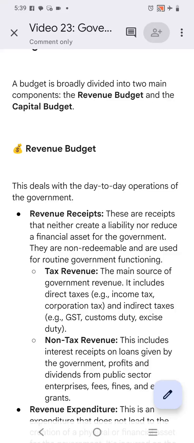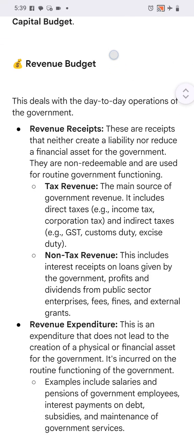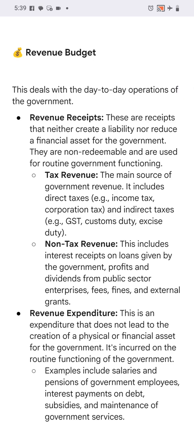Revenue receipts are receipts that neither create liability nor reduce financial assets of the government, are non-redeemable, and are used for routine government functioning. Such as tax revenue, direct and indirect both, and non-tax revenue like fees, fines, dividends from public sector. All of these are part of revenue receipts.